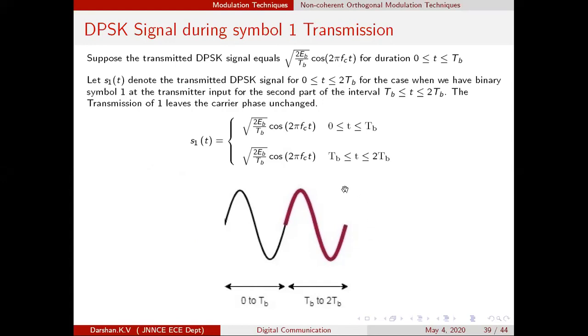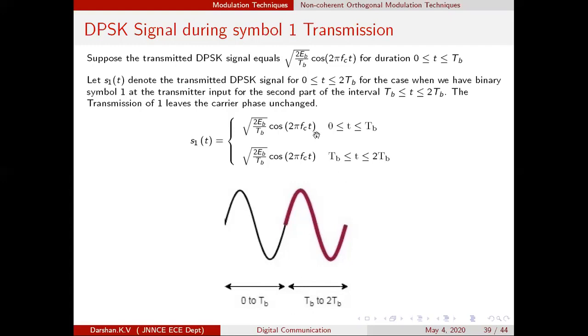Therefore, the equation for DPSK depends upon the initial phase. So for the equation of DPSK, they consider the initial value and also the final value; both values are considered.